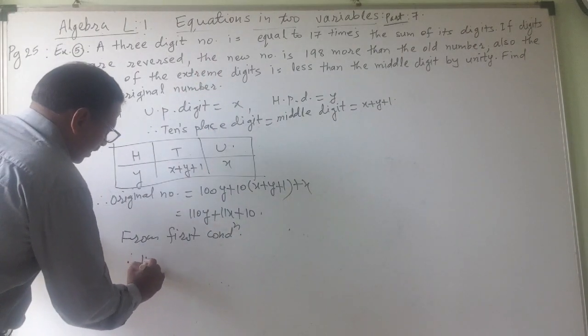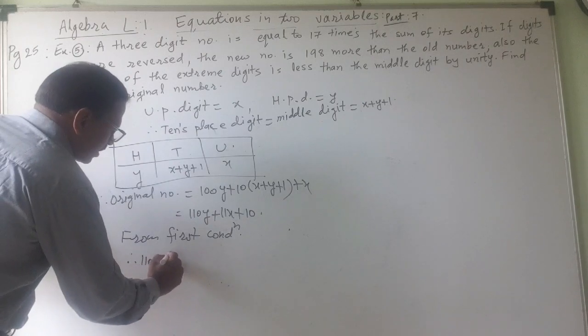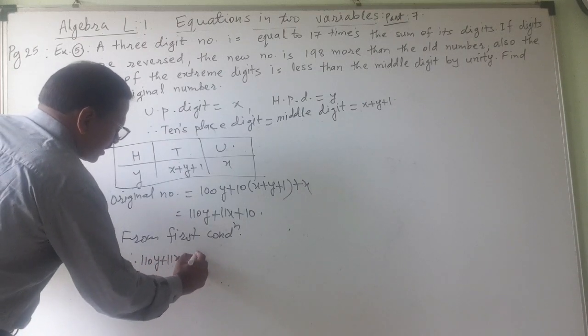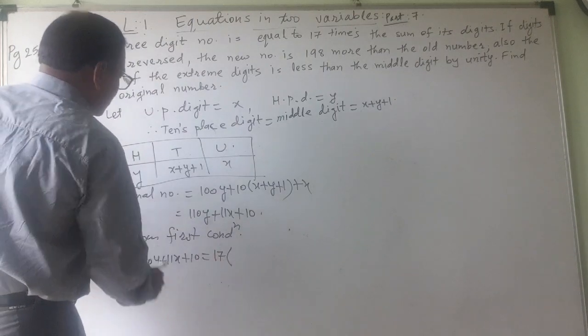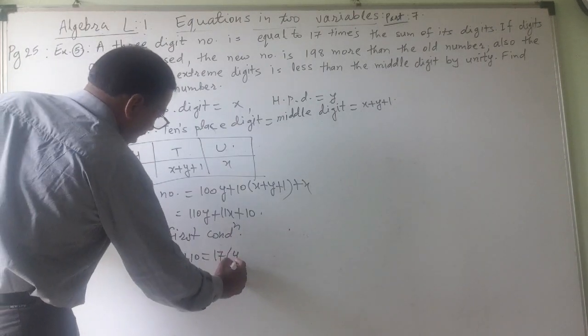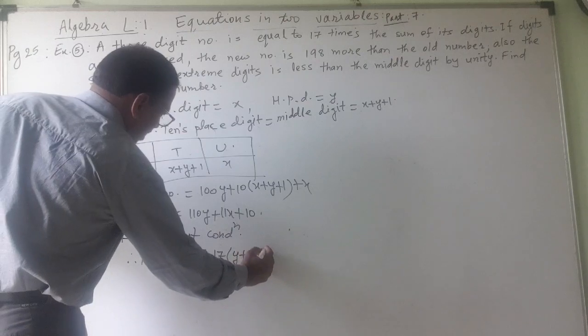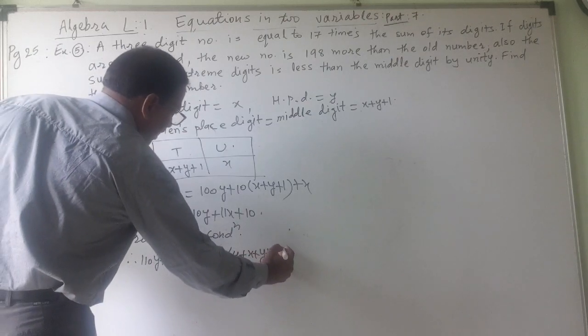Therefore, 110y plus 11x plus 10 is equal to 17 times the sum of the digits, y plus x plus y plus 1 plus x.